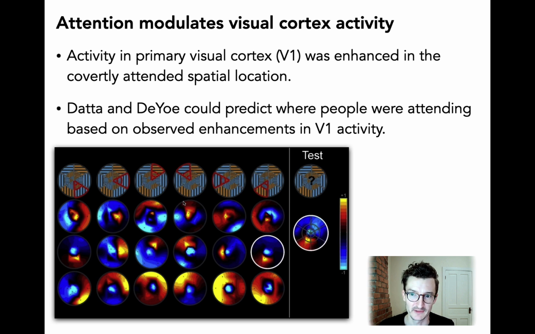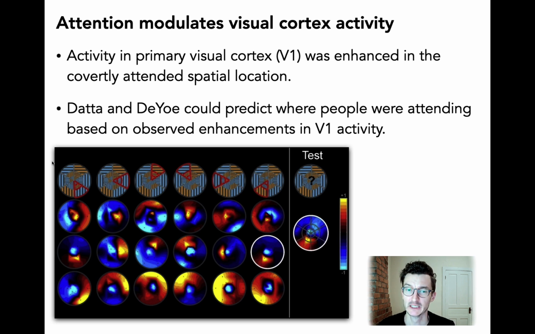So at one point in the study, they said, covertly attend to wherever you like in this stimulus disk, and based on the pattern of brain activity they saw, they were able to decode where people were attending. So basically able to read their minds based on the pattern of primary visual cortex activity.